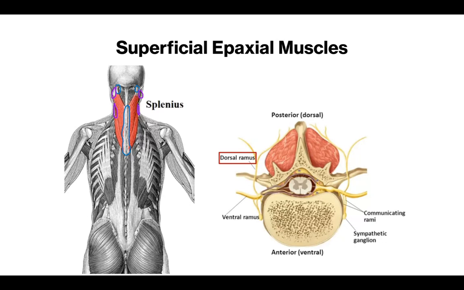So now we move on to the action. Anytime we talk about an action, I need you to visualize. You're looking at this muscle right now, and I'm going to get rid of my annotation so we can have a clear view.